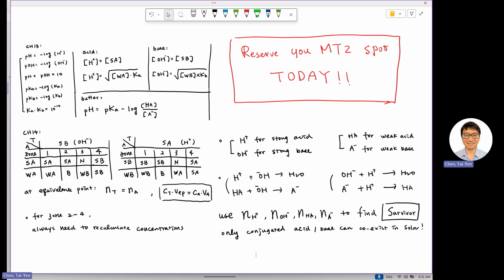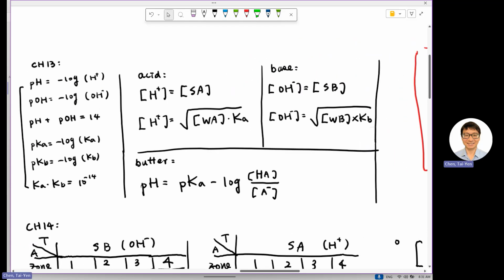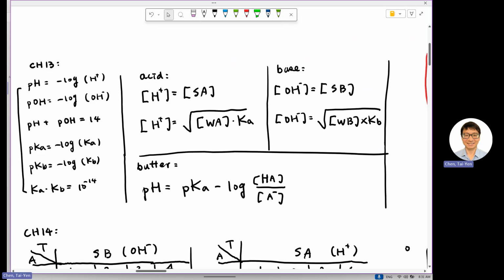First, by now you should be very familiar with the equations we need to use to calculate the pH, right? Here I list the definitions of pH and pOH. In an aqueous solution, your pH plus your pOH is always equal to 14.